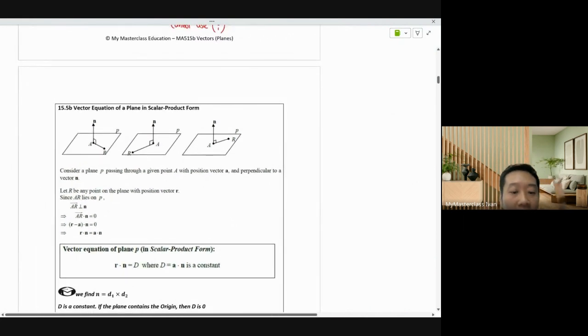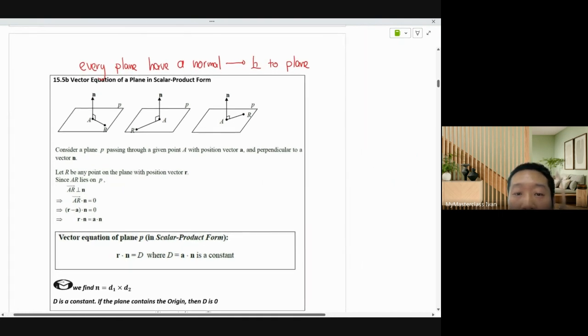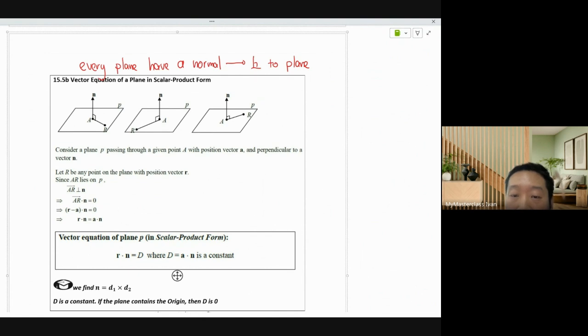Okay, important, this part means write down every plane have a normal. A normal is perpendicular to the plane. Okay, so we usually represent the plane with a parallelogram as well as a normal that is 90-degree perpendicular to the plane.